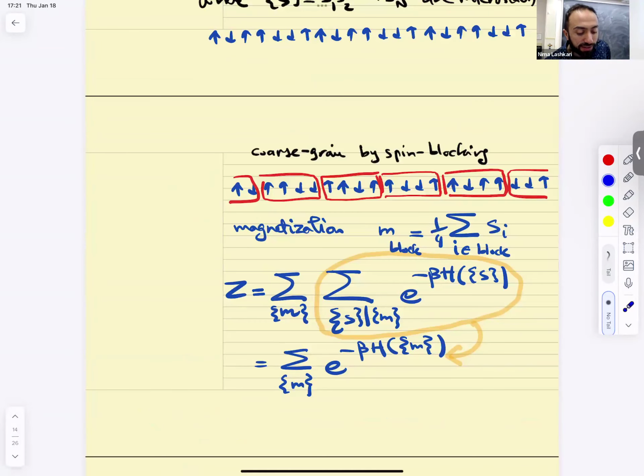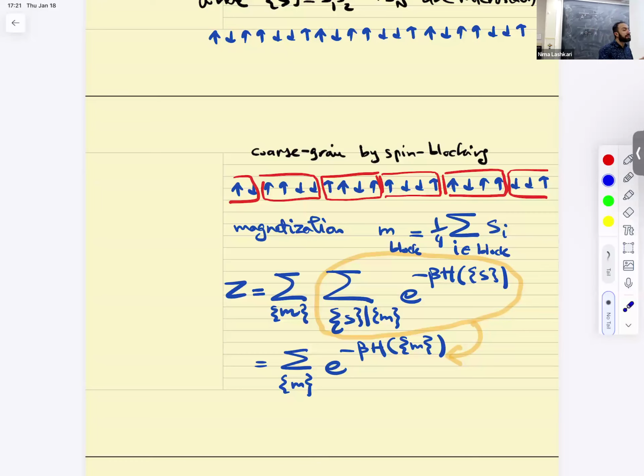The thing that you notice here is that the S's were variables between 1 and minus 1. This magnetization for four spins takes values from 1 to minus 1, but also values in between. As I look at very, very low energies, as I block more and more things or repeatedly do this, in one block I have many, many spins.